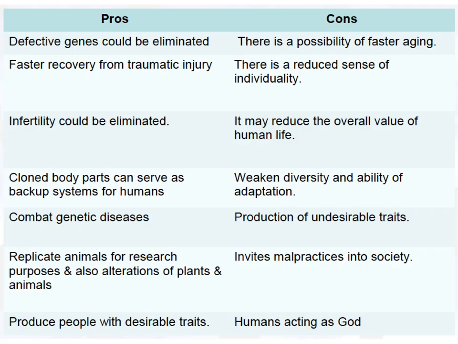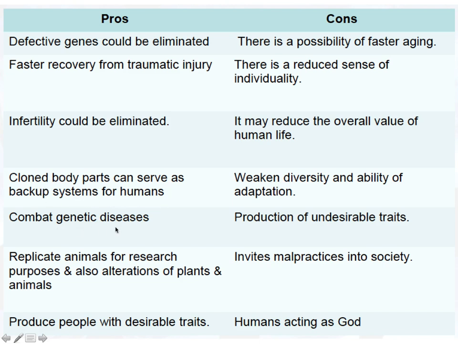Here I have summarized the pros and cons of animal clones. Among the pros, you can eliminate a defective gene from any animal, and there is faster recovery from traumatic injury. Infertility could also be eliminated by cloning methods. Cloned body parts can serve as a backup system for humans.